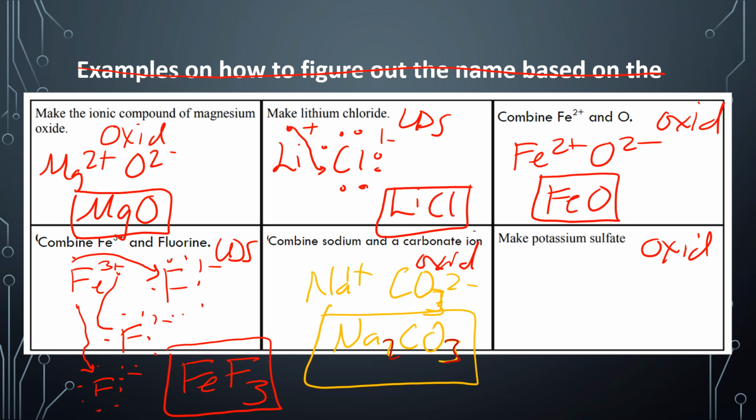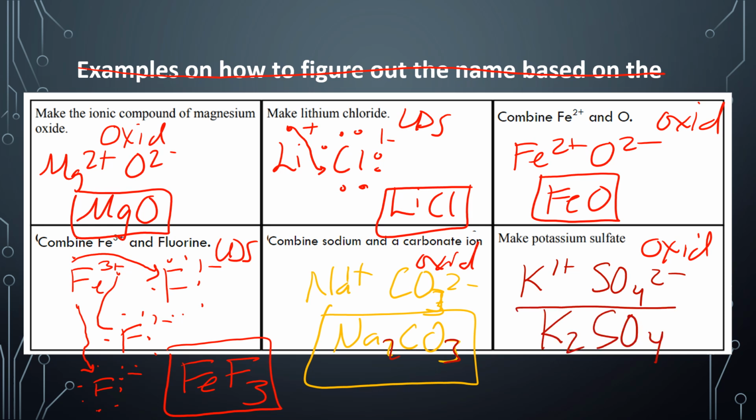You have K1+, sulfate is SO4 2-. You crisscross the 2 and the 1, you end up with K2SO4. Do not reduce that 4 from the O. If the 4 is below and it's connected to an element like that, it does not get reduced. So beware that temptation.